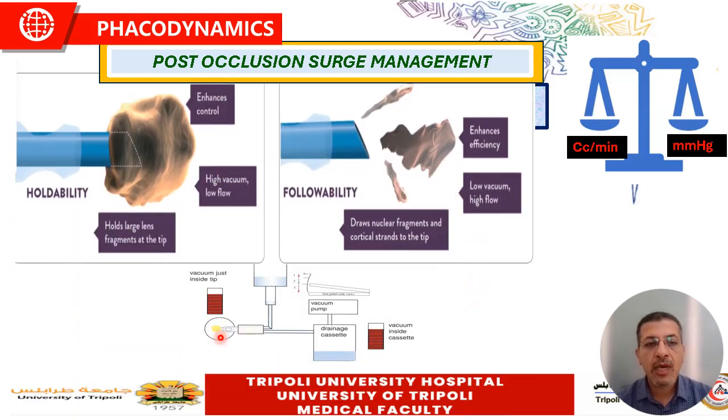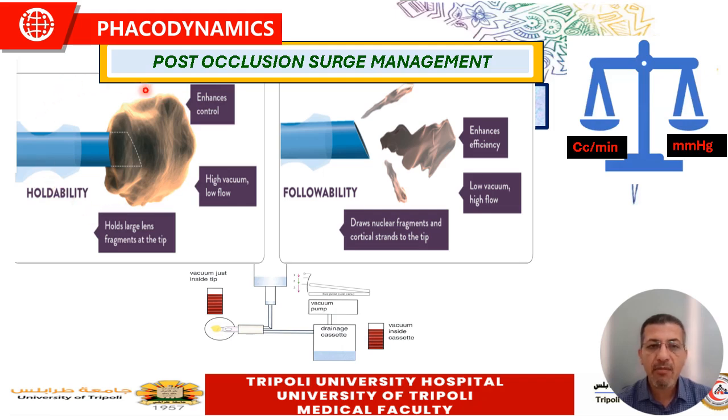Okay, so you can understand that holdability and followability are a balance between the aspiration flow rate and the vacuum level. The more the aspiration flow rate, the more the followability, and this is needed during the stages of lens fragment removal, and also in cortex removal. And holdability is a function of the vacuum.